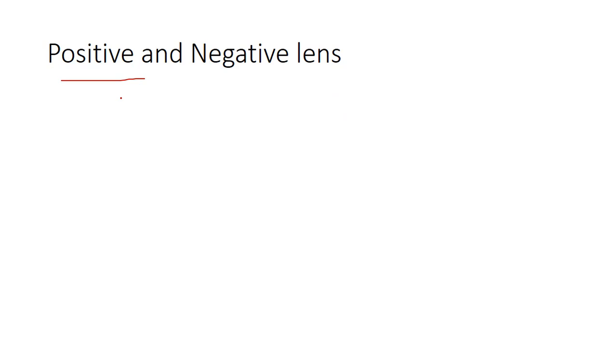Positive and negative lens. Convex lens is also known as positive lens, and a concave lens is known as negative lens. Now, why convex is a positive and concave is a negative?